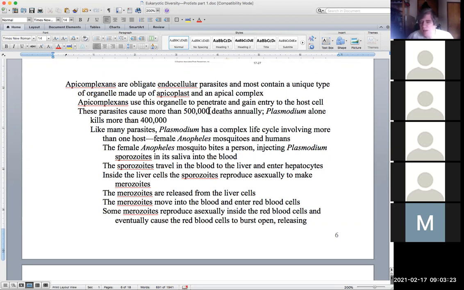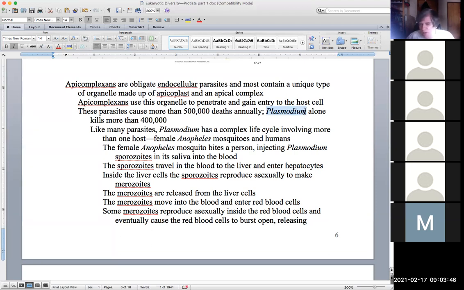Now, since these are parasites, they cause some fairly serious diseases. In a good year, they only kill about 500,000 people around the world. Many years, they kill closer to 2 million. We're going to focus on a genus called Plasmodium.